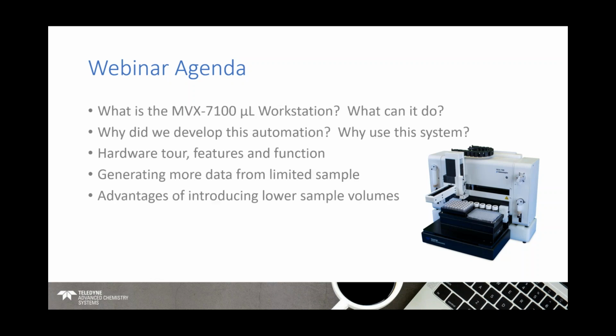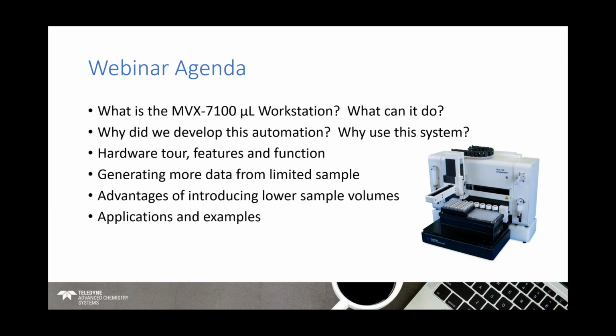I'll touch briefly on some advantages of introducing lower sample volumes intentionally into your ICP-MS, because there are some advantages of going in that direction rather than having to do it as a necessity. And then I'll go through some applications and examples that we've been seeing in the field, that we've been doing ourselves, and that we've been doing with either collaborators or customers.